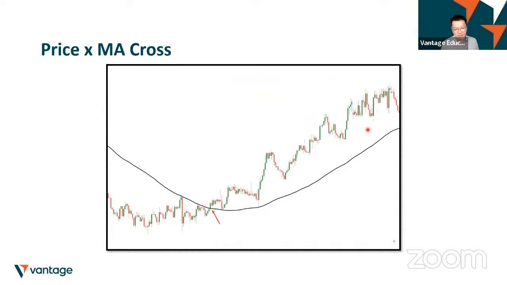While we use the moving averages to tell us the crossovers, the golden or the death cross, what you can also pay attention to is when price, or what we call the candlestick, crosses over a moving average. So what we have here, you can see the price now crossing over the 200 MA, pushing towards the upside.